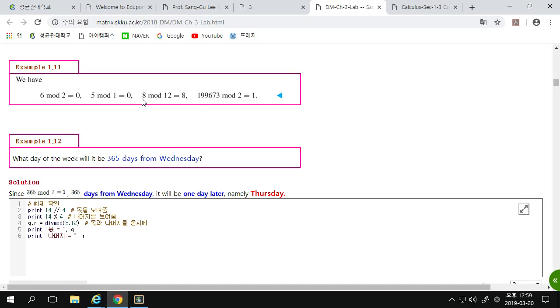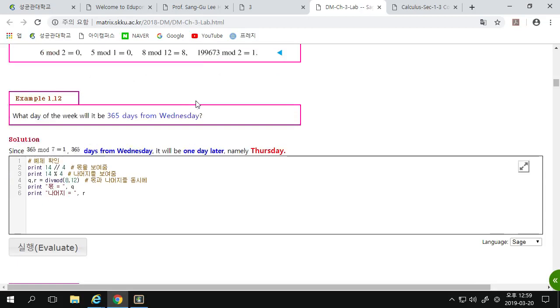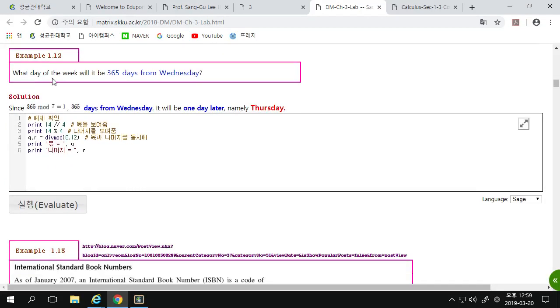And 8 mod 12 is 8; 8 divided by 12, the remainder is 8. 199,673 is an odd number, so if you divide by 2, the remainder is going to be 1. This is an example of another function, the modular function.